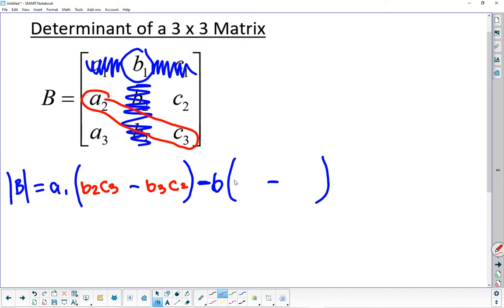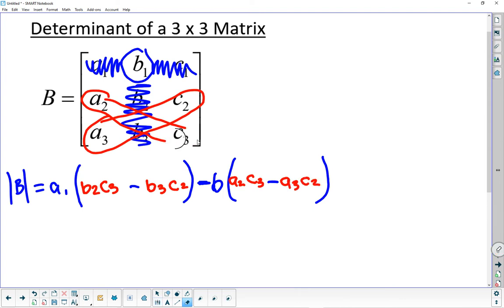Right, so you can write down A2 times C3 minus, because it's always minus, right, for the 2 by 2. And then it's going to be the up diagonals, A3 times C2. So A3, C2. Right, so we're done with that.